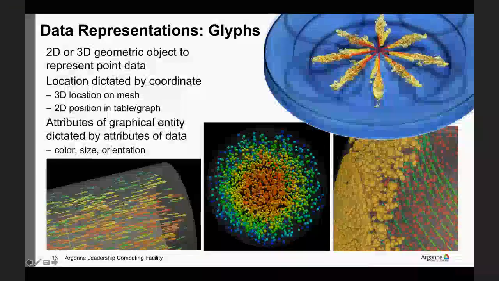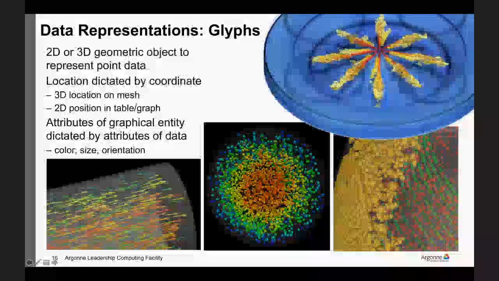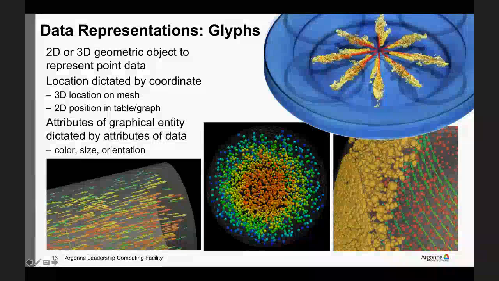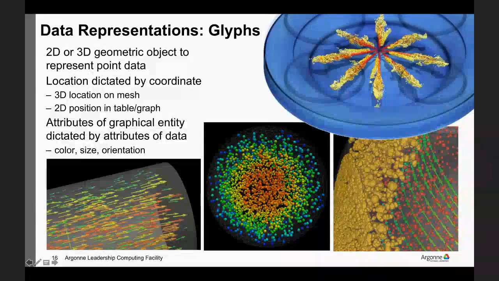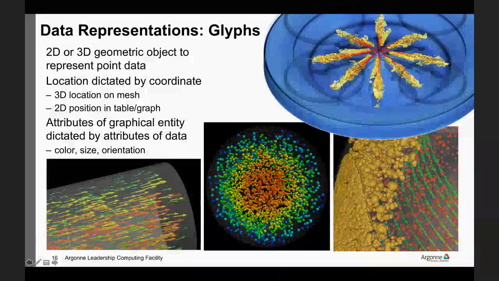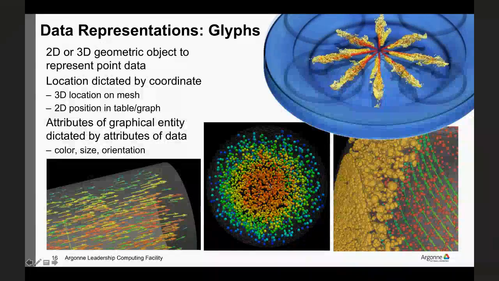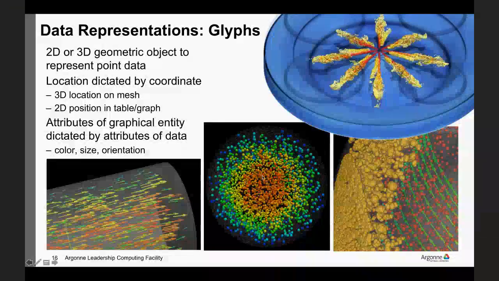The blue particles around the edge are bumping into the edge of the tube and incurring friction, causing them to slow down. So this is telling us that the particles closer to the edge are moving more slowly, and the ones in the middle are moving much faster because they're not incurring that friction. So it's one example of using color to represent, in this case, velocity.